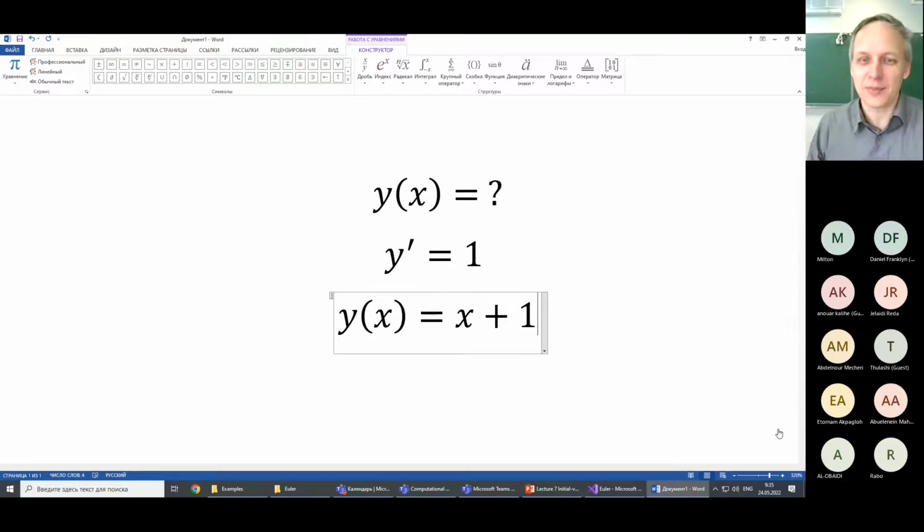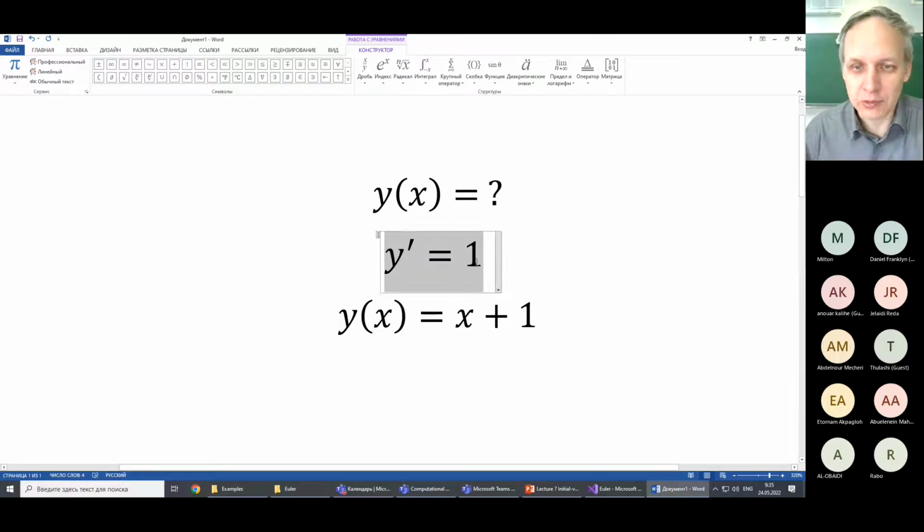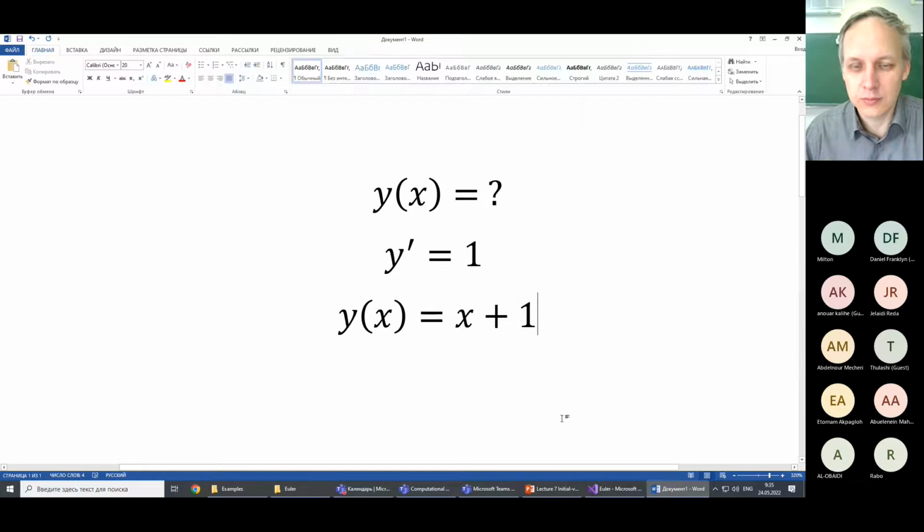It's another example of a function that has derivative 1. But the answer is still not complete, because it's just a particular case of the functions with property y prime equals 1.